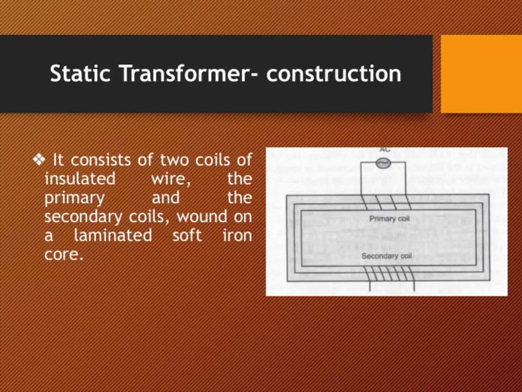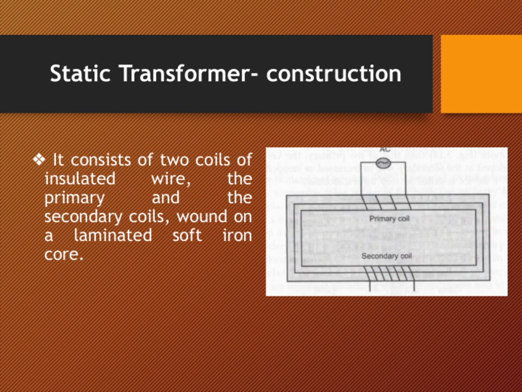This slide shows the basic construction of a static transformer. It consists of two coils of insulated wire, which are the primary and the secondary coils. These coils are wound around a laminated soft iron core. The primary coil is connected to the input voltage, and the secondary coil delivers the transformed voltage to the load. The laminated iron core is crucial because it helps channel the magnetic flux efficiently while reducing energy losses due to eddy currents.